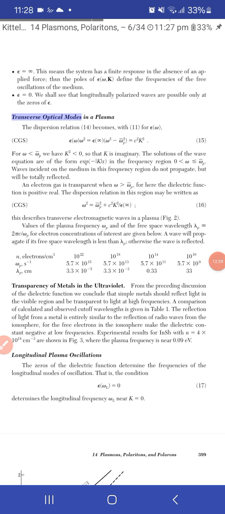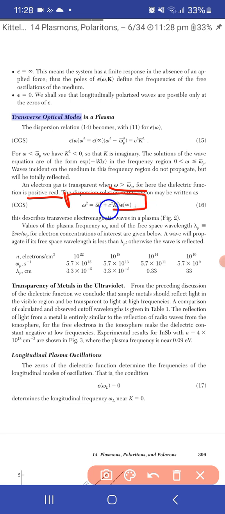So the electron gas is transparent when omega is greater than omega p bar. Okay. Here the dielectric function is positive real. The dispersion relation may be written as this, which comes from here and describes transverse electromagnetic waves, EM waves.